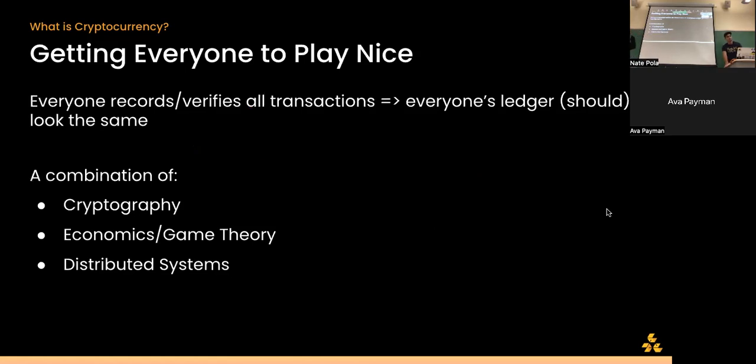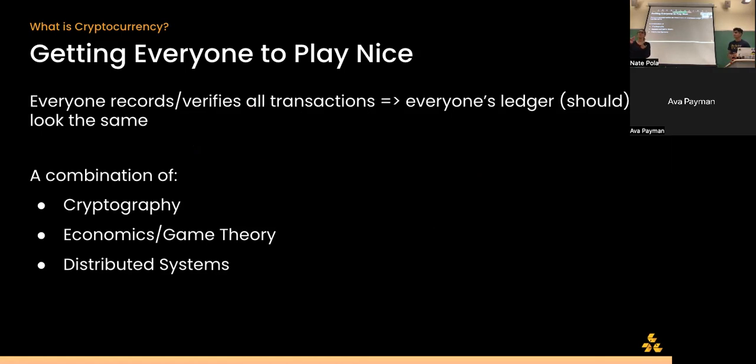And so how do we get everyone to play nice? Like how do we make sure that this whole room of people, the majority of you at least, are playing nice? Everyone records and verifies all transactions. Everyone's ledger should look the same. I'm not going to get into examples, but you can think about it as everyone writing down every transaction that occurs.